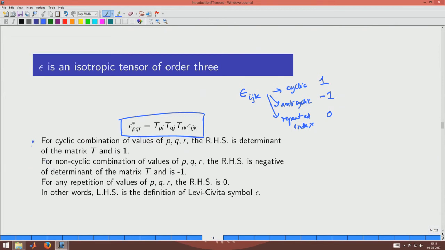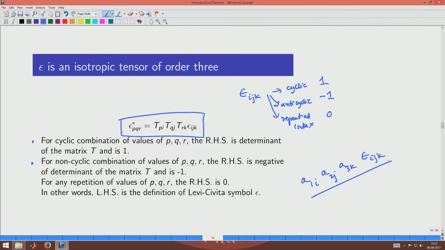Whenever the indices of epsilon ijk are cyclic, then the expression that we have written here is nothing but the determinant of the matrix T, which is +1. Okay, and to remember, you also know that A1i, A2j, A3k, epsilon ijk.